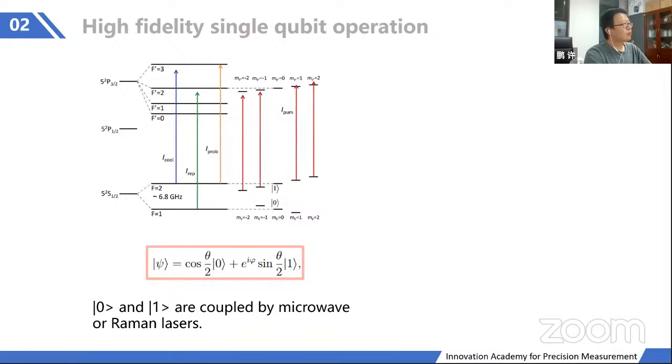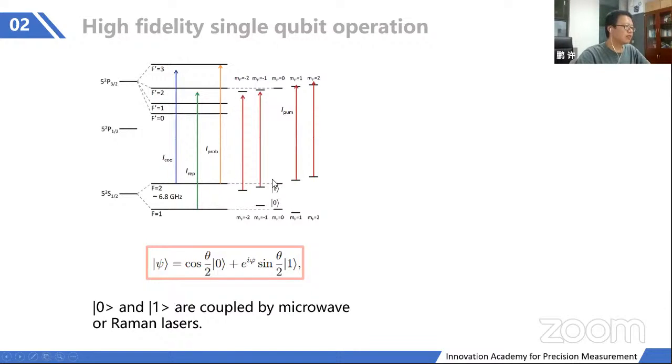With the atom in the trap, we encode the qubit with different hyperfine states. Usually we use the magnetic insensitive state, which is the mF = 0 state.